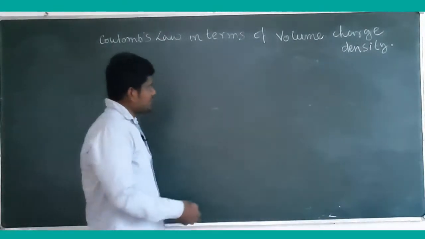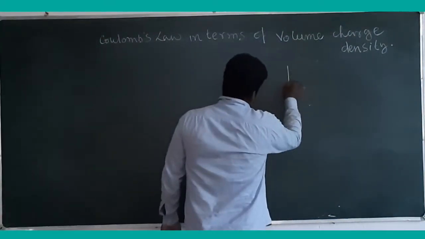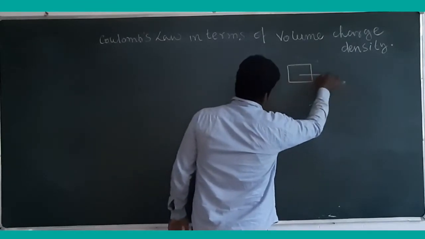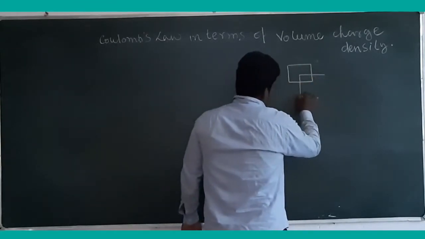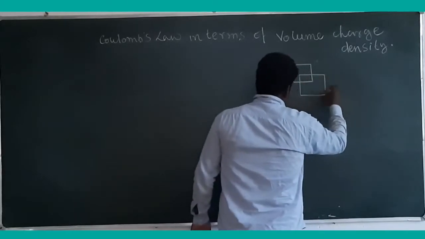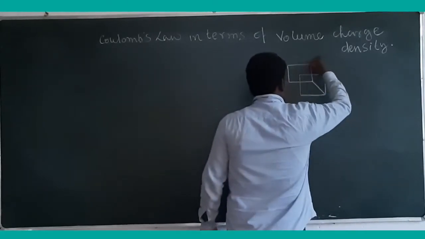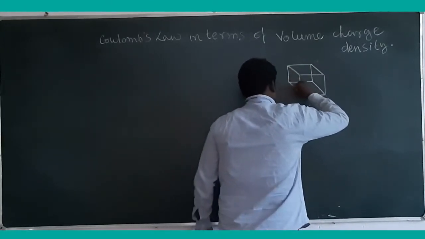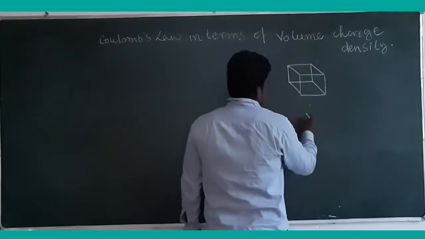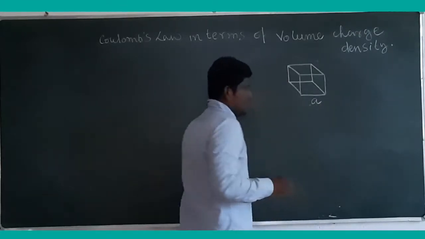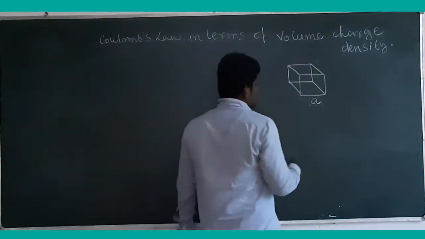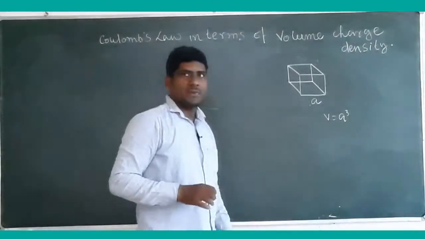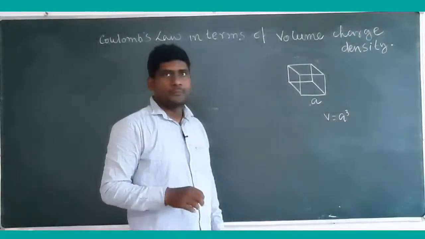To understand this, we will consider a cuboid. Suppose this is a cuboid and this has sides small a, and volume V will be equal to a cube. This is known to all of you.